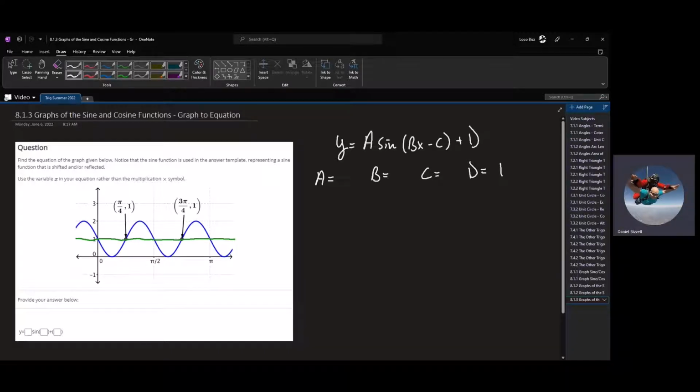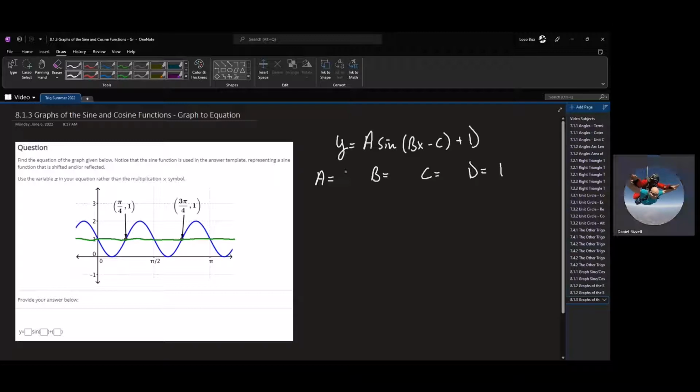The next thing that I would always start with after D is finding A. And A comes from our amplitude, or the distance from our midline to the maximum, or from the midline to the minimum. And since our midline is 1, the distance from 1 to 2 is just 1.